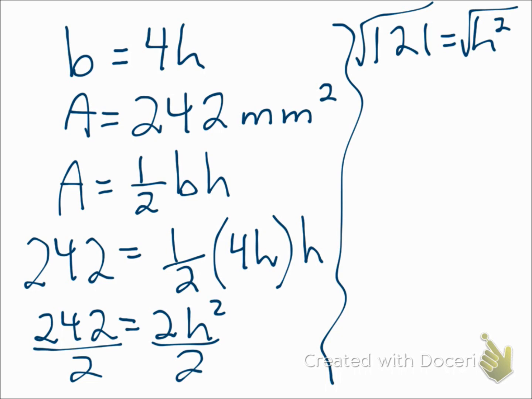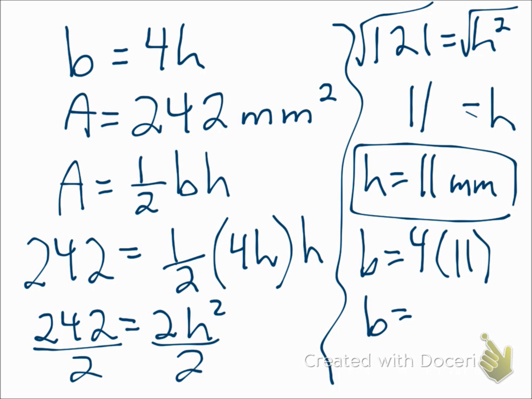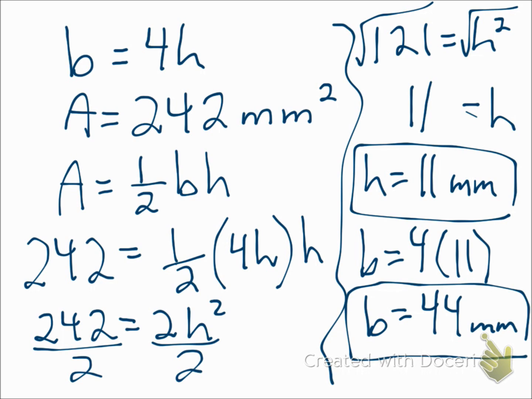Square root each side, and h is 11. So the height is 11 millimeters. The base is 4 times that, because the base is 4 times the height, so 4 times 11 is 44 millimeters. So watch for those situations where they give you the area and they ask you to find one of the other variables. Substitute in the area for A and find the variable you're missing.